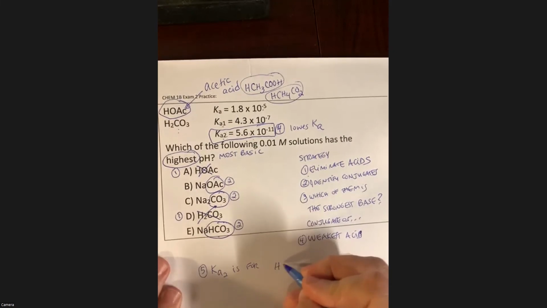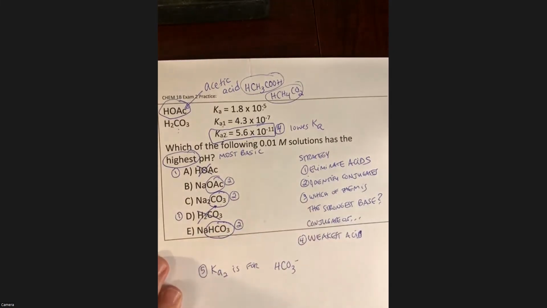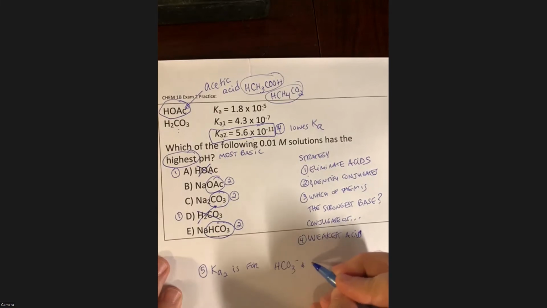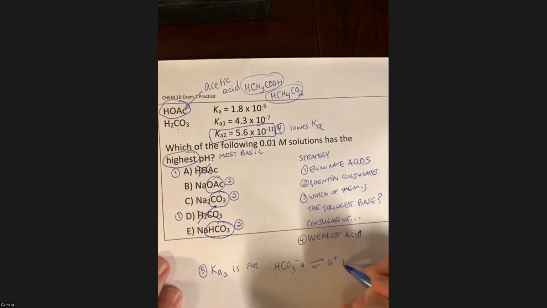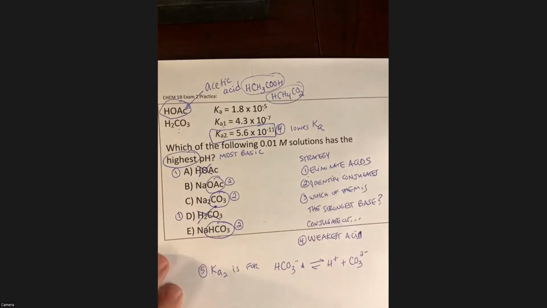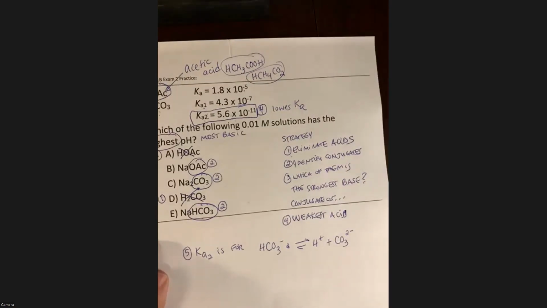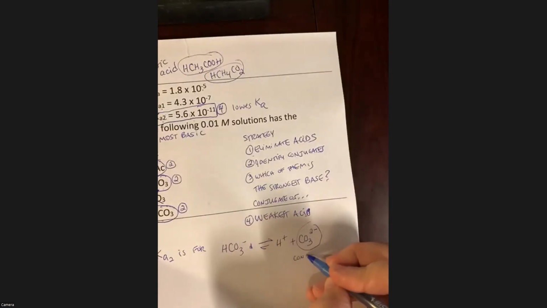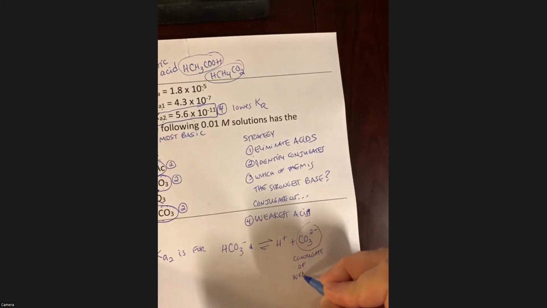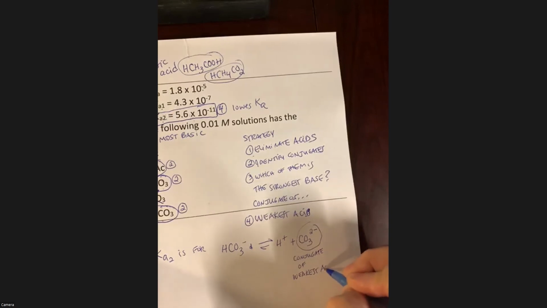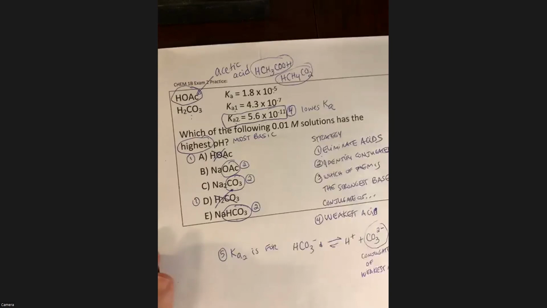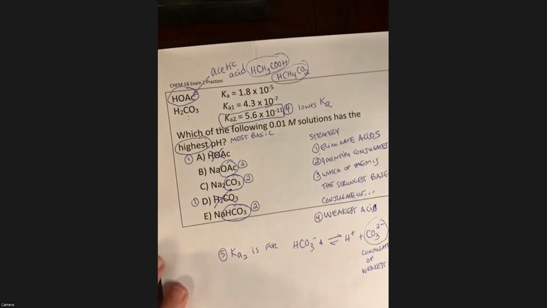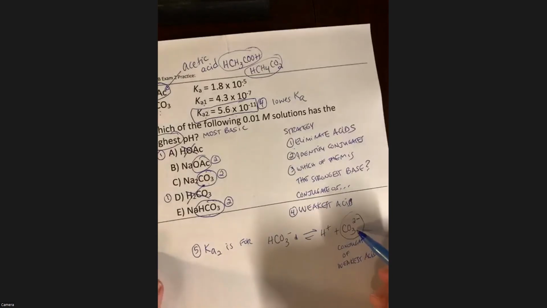The second ionization is the one where you had landed at one hydrogen, and now you're going to do H plus CO3 2 minus. So this is the conjugate of the weakest acid. Okay, so which of these salts, B, C, or E, have that ion as their anion?